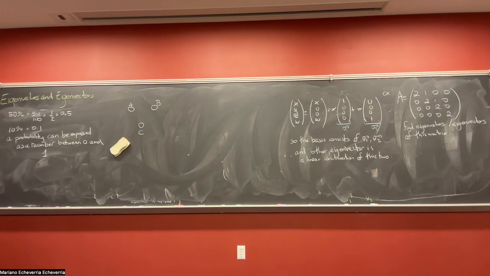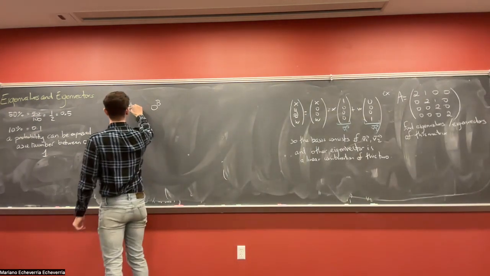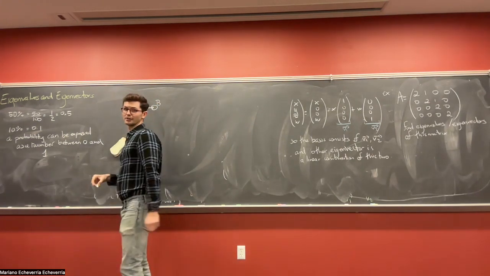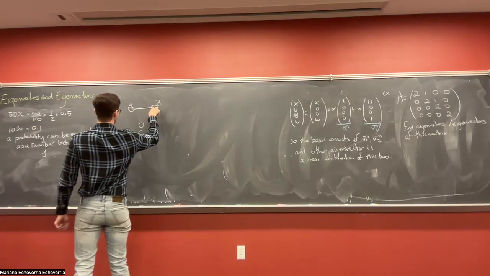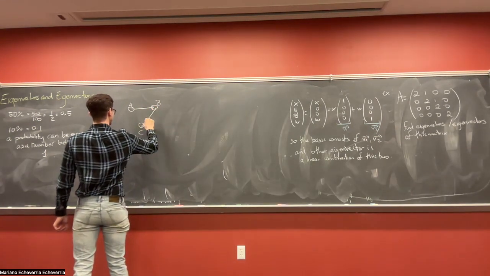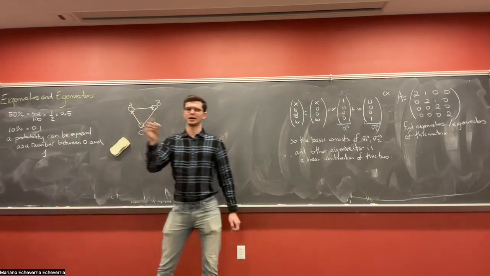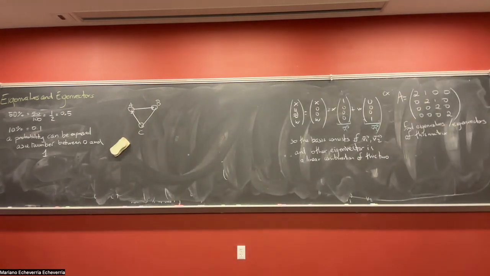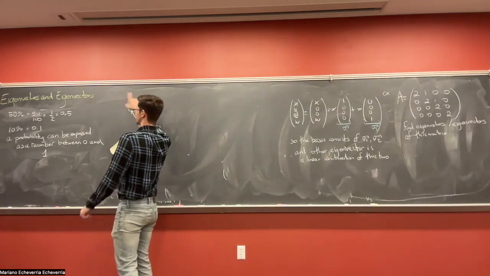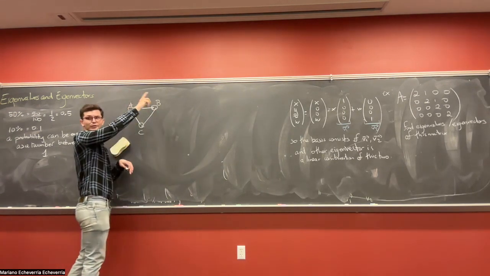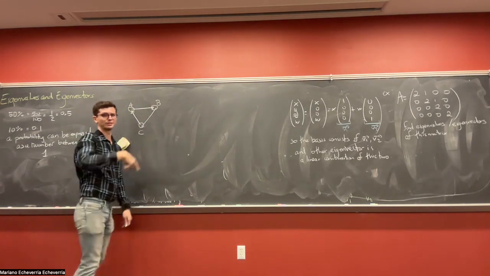A, B, C. Maybe website A has a link to website B, so I'll draw an edge, and website B has a link to website C, and website C has a link to website A. So you have a very simple graph. Each website refers to the one that comes next in clockwise order.